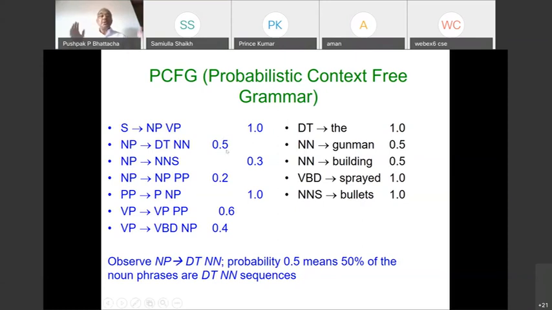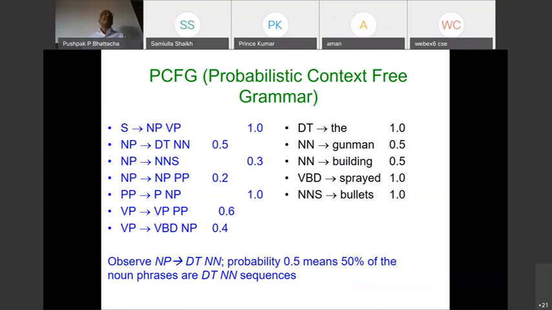I'm saying that for the whole of the English language, in time to come and in the past, everywhere in Nigeria, in Bombay, in Shillong, everywhere where English is spoken or written, a noun phrase 50% of the time is determiner noun, which is an extremely sweeping generalization.